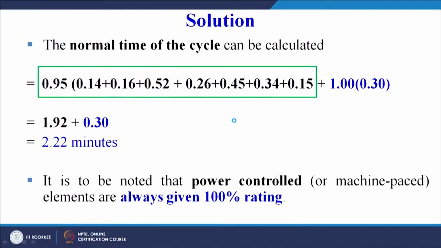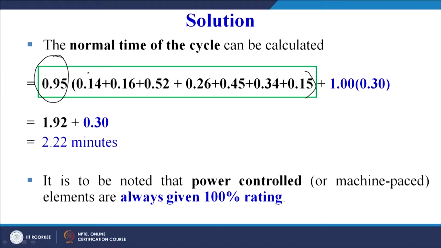So the normal time of the cycle can be calculated as follows. This is the rating factor 0.95, which we have assumed as the rating factor for all the work elements which are manual in nature. We have 7 work elements which are manual: 1, 2, 3, 4, 5, 6 and 7. So we are summing up the actual observed time for all these 7 elements and multiplying it with the rating factor which we have assumed as the average rating factor for all the manual elements, plus this is something which is different.